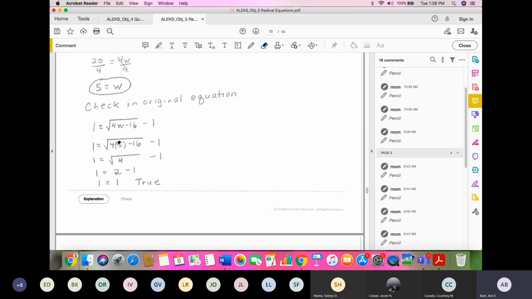And the question is, is this true or false? So let's look inside the square root. 4 times 5 is 20 minus 16 is 4. And then bring this minus 1 down. And then we get square root of 4 is 2 minus this 1 is 1. So we get 1 on this side equals 1 on this side, which is obviously true.